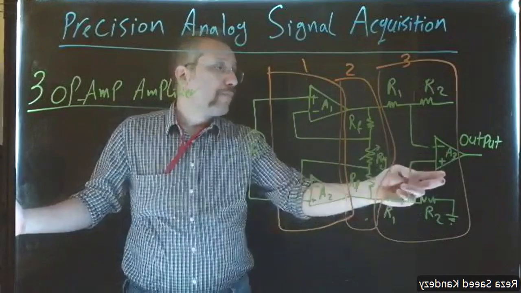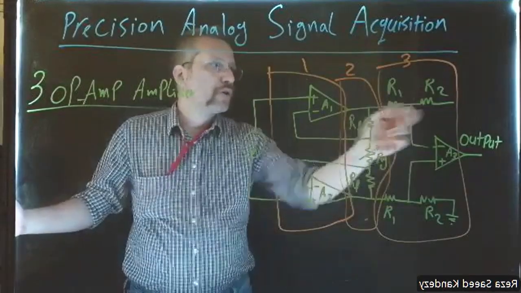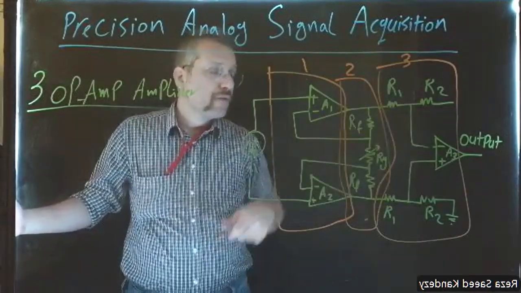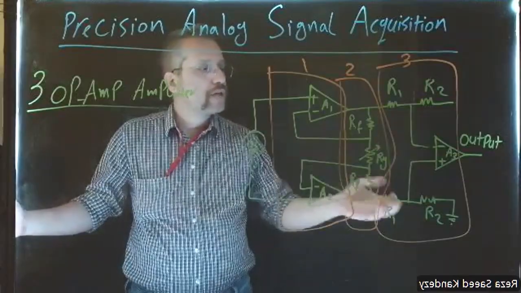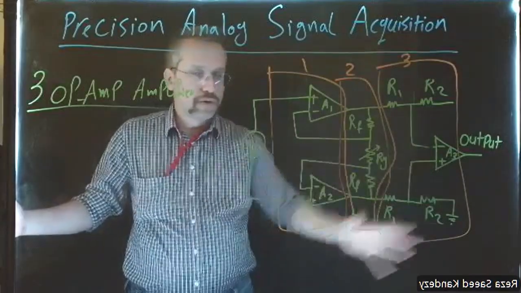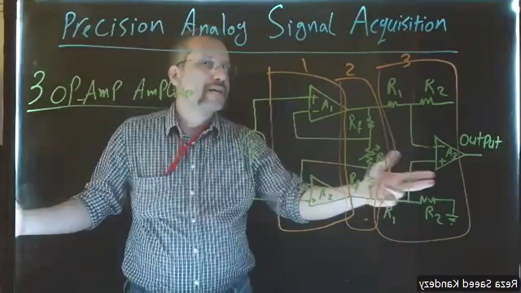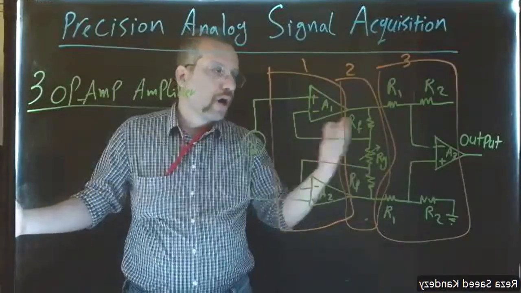Now the comparator, this block would have a certain gain too. We normally do not count on the gain of the comparator for amplification for the whole circuit. So we normally set the comparator as a unity gain. How can we do that?